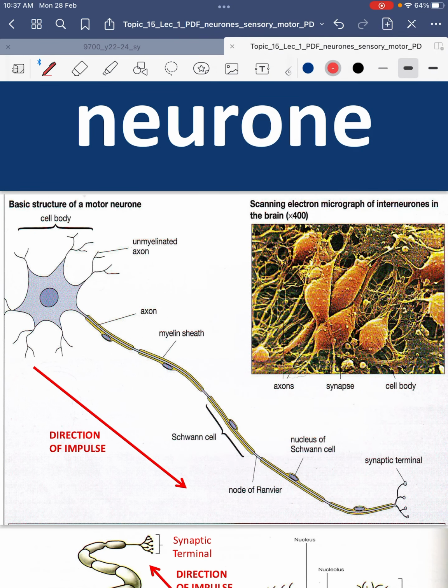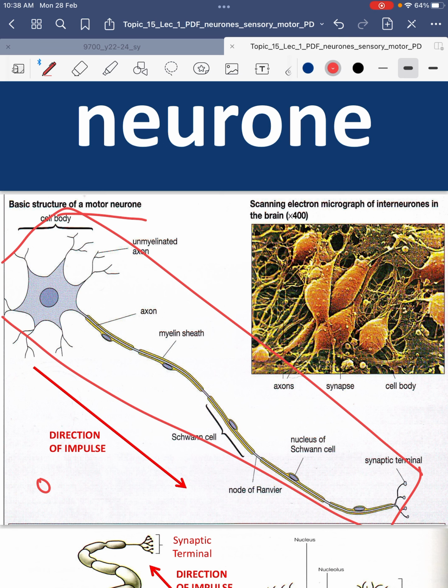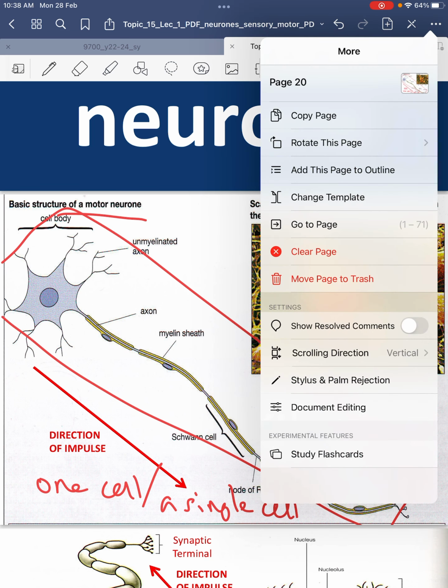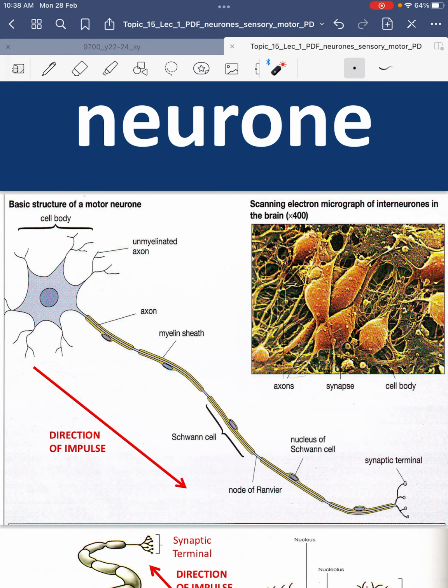Now before that, a motor neuron means this is one cell. A single cell. What you see here is actually a single cell, one cell, one neuron. Here it's called motor neuron.